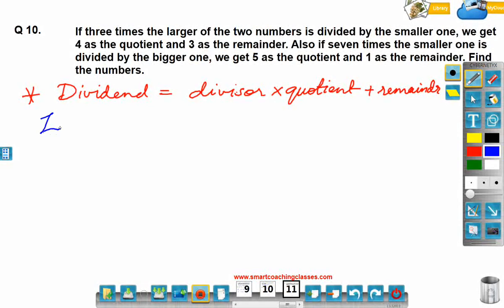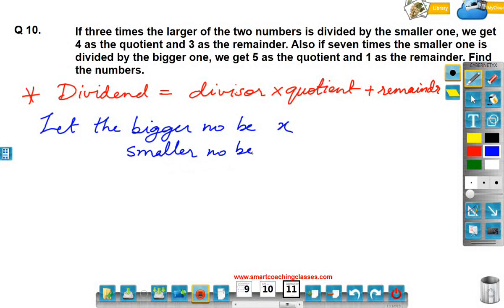So, let the bigger number be x. Similarly, we'll say the smaller number will be y. Now, let's just put it into the question.